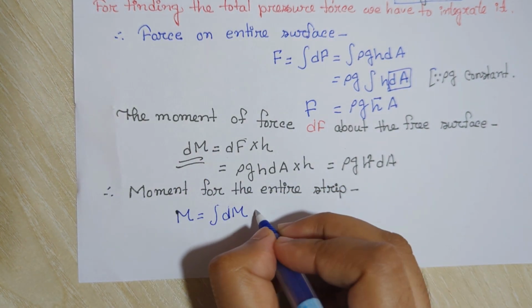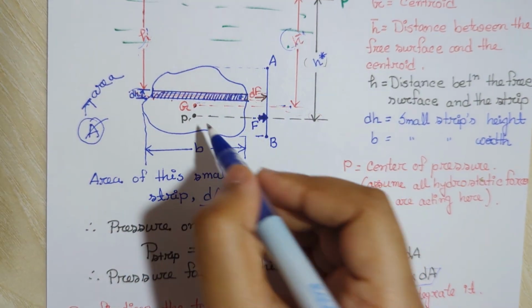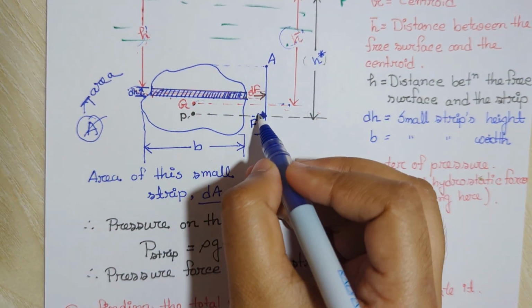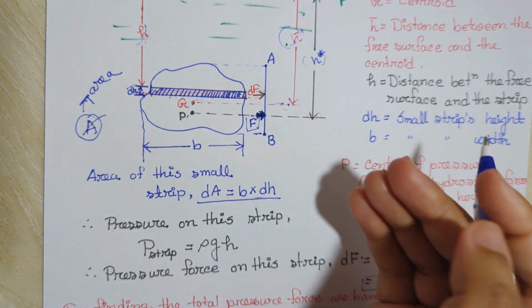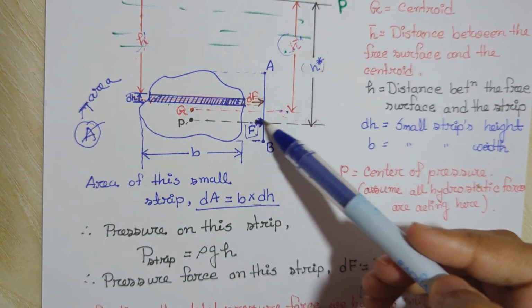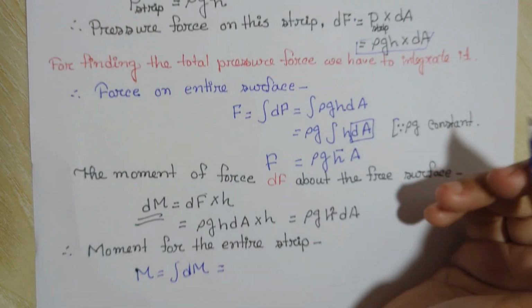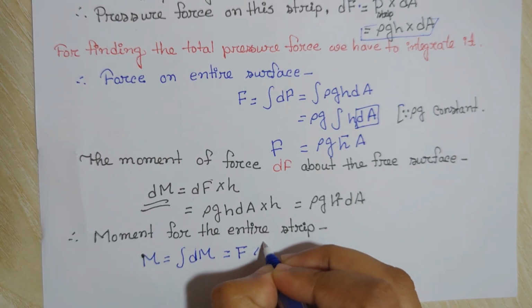For the total object, here this is our center of pressure, and here our total force works at this point. So F is the total force at this point, and the distance between the free surface and this force is h star. So from the equation of moment we can write F into h star.